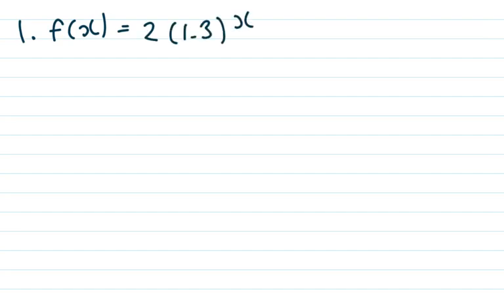The examples say, determine the initial value and the rate of growth or decay. The first one, number 1, f of x equals 2 times 1.3 to the power of x. The first thing we're going to ask is, is this growth or decay? Is b, the base, greater than 1 or between 0 and 1? The base here is 1.3, and that's greater than 1, so I know this is going to be growth. My initial value here is a, which is 2.